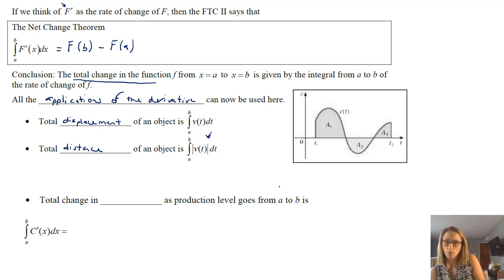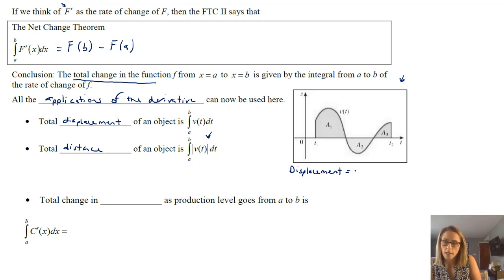So for example, look at this picture here. Notice that this is the velocity function, and that what's created underneath the velocity function and the t-axis here is some amount of area. So if we're going to talk about displacement, just taking the integral from a to b, in this case from t1 to t2, it's going to be just like we've talked about before when we talked about area in integration.